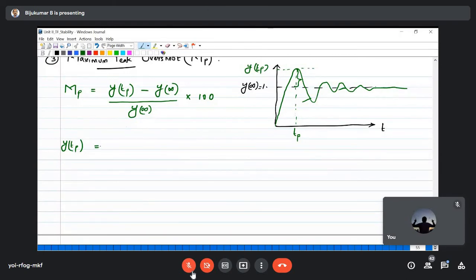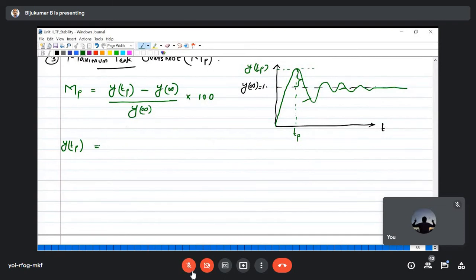We know TP is equal to pi by omega d, and you substitute in the response and find what is the value of Y of TP. Because our Y of t is 1 minus e power minus zeta omega nt cos omega dt minus again e power minus zeta omega nt sin omega dt into zeta divided by root of 1 minus zeta square. This is our relation. Now substitute Tp is equal to pi by omega d.